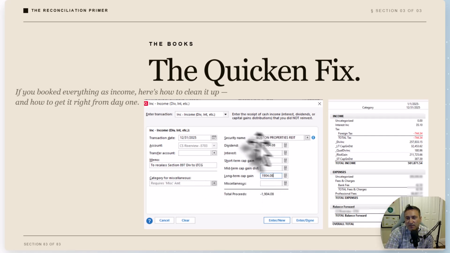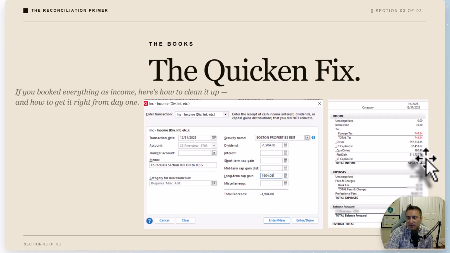Here's the function that I would use to convert a dividend, which is minusing a dividend and adding it to the long-term capital gain section. And then on the report, your dividend item will reduce and your long-term capital gain distributions will increase.